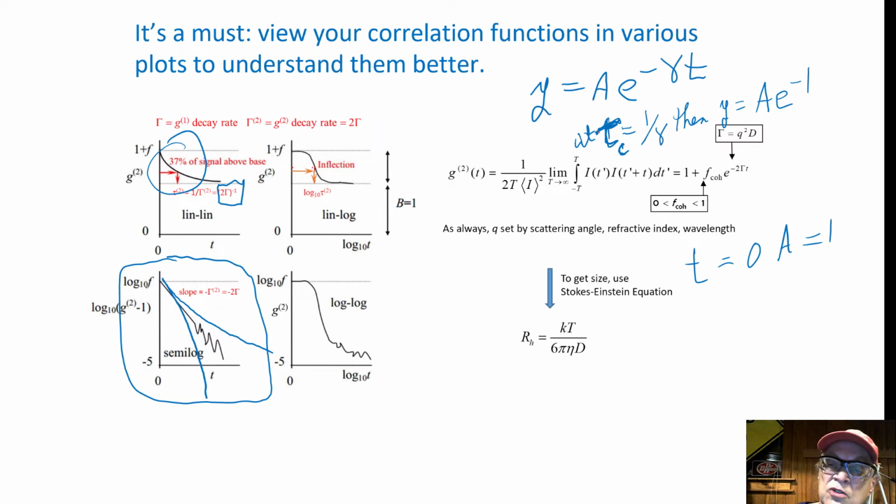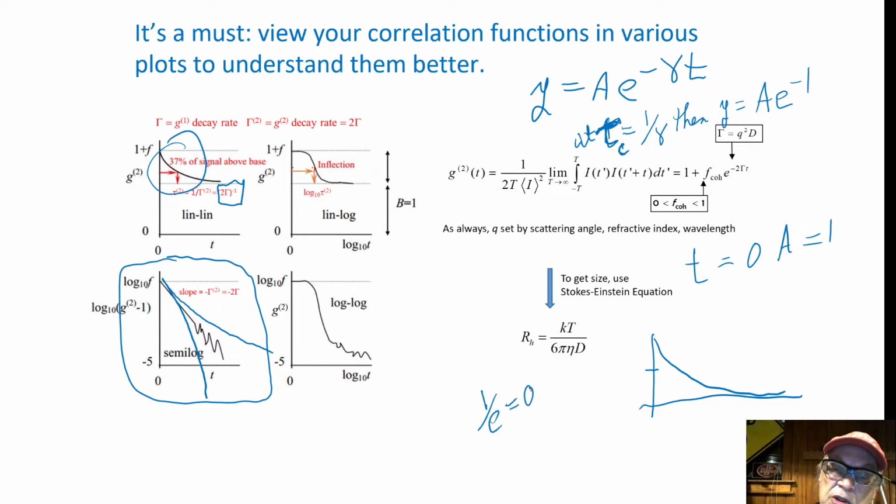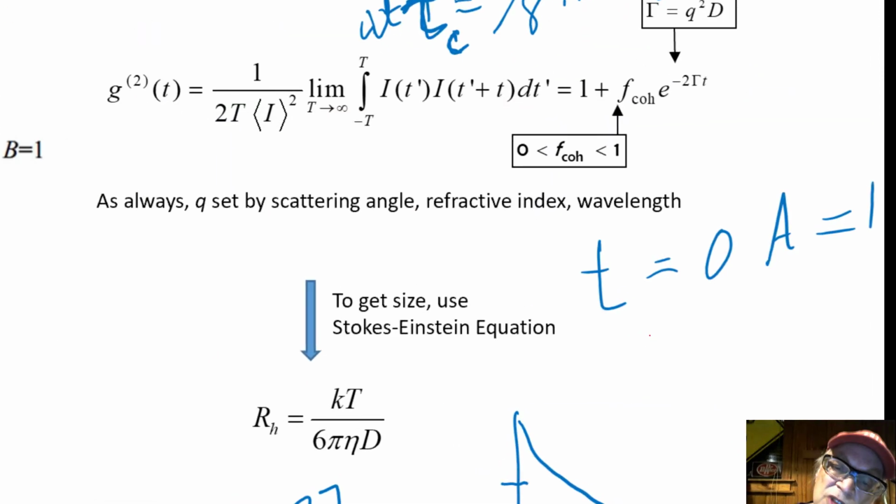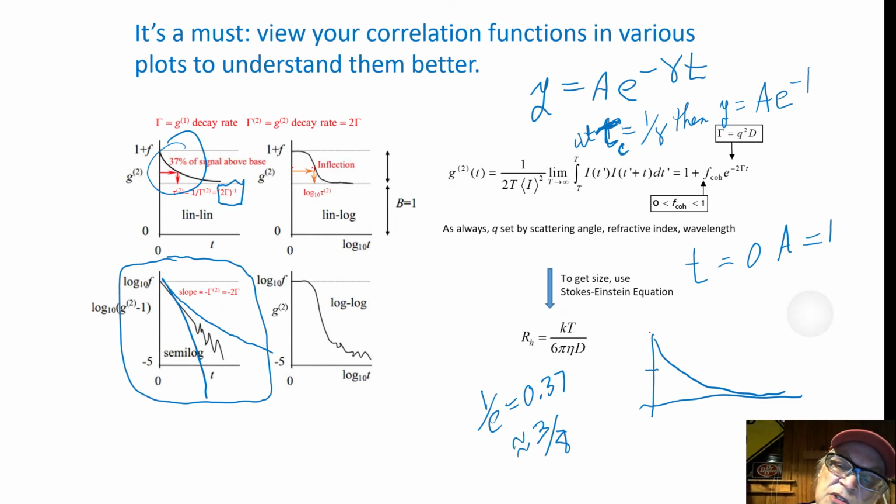So in other words, I have this exponentially decaying thing, and when I get to 1 over gamma, and by the way, 1 over e is 0.37, and that is very nearly 3/8.